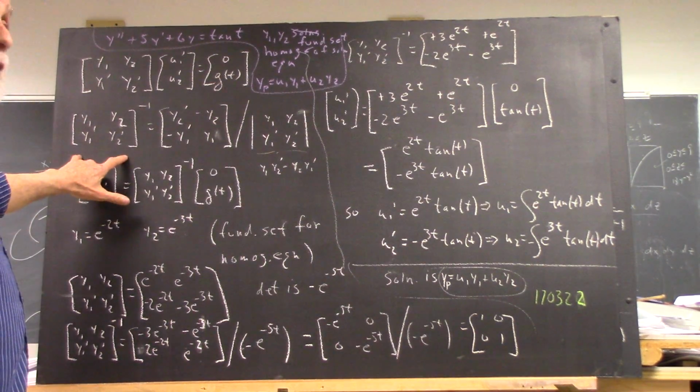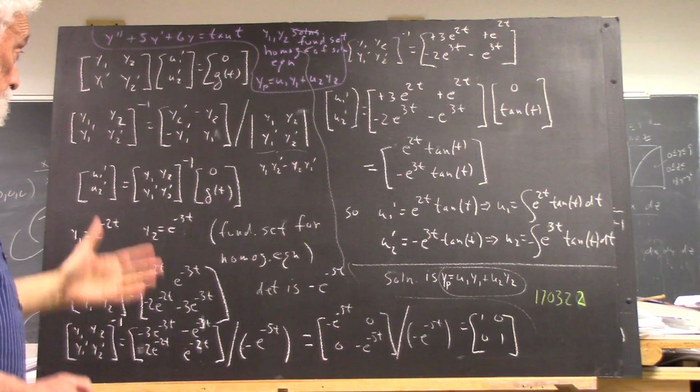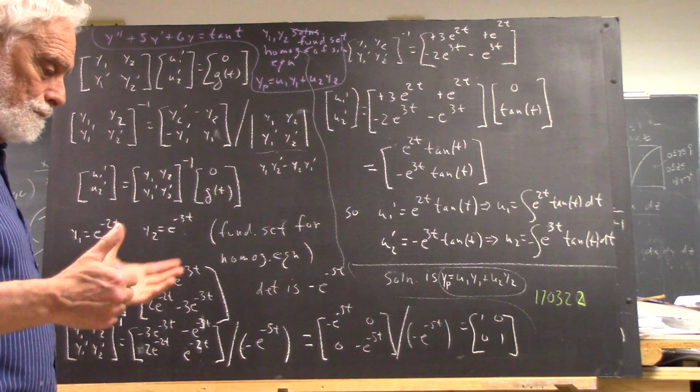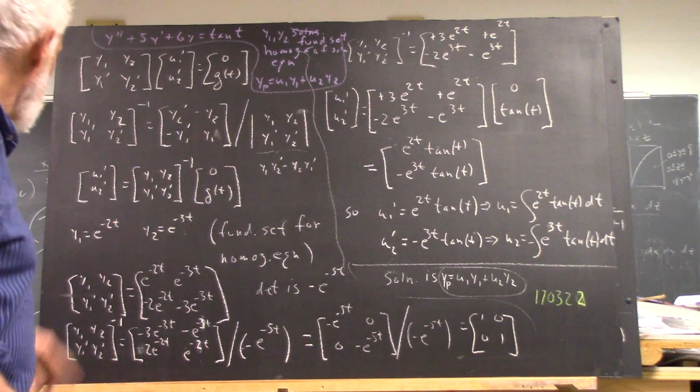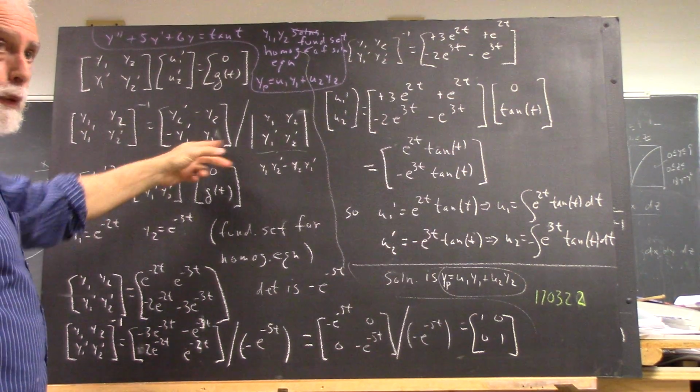In any case, the inverse of this matrix is this, divided by its magnitude, its determinant. I'm not going to detail why that is.